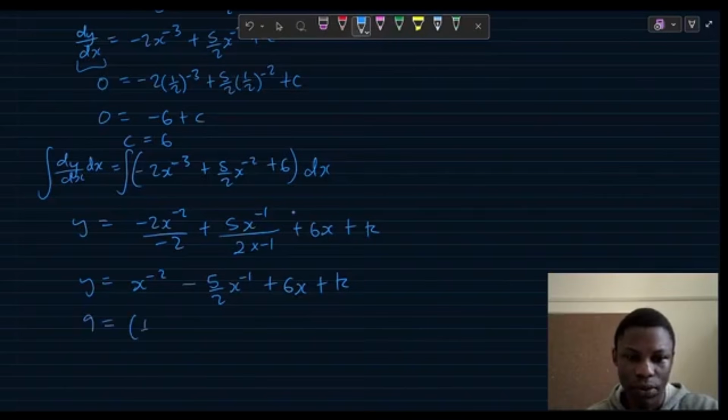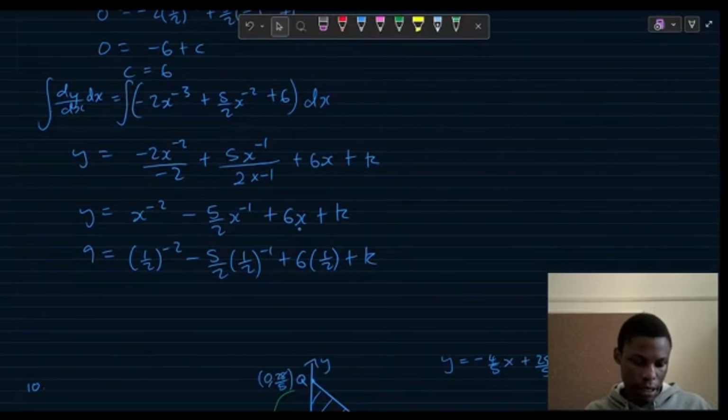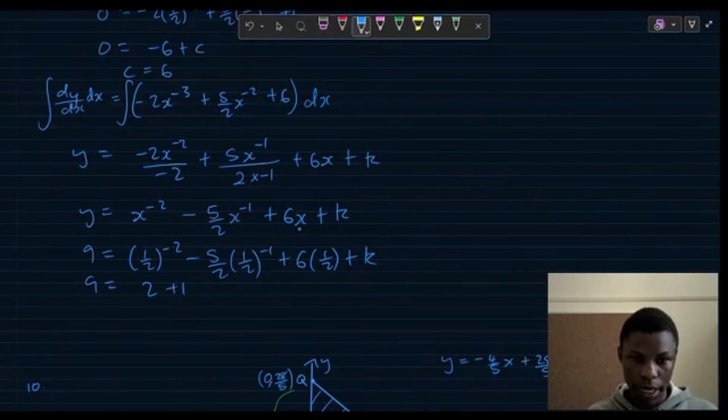So 9 is equal to (1/2) to the negative 2 minus 5 over 2 times (1/2) to the negative 1 plus 6 times 1/2 plus k. We've got 9 on this side, and then that's (1/2) to the negative 2 minus 5 over 2 times (1/2) to the negative 1 plus 6 times 1/2, which gives us 2 plus k. So our constant here should be 9 minus 2, which is 7.